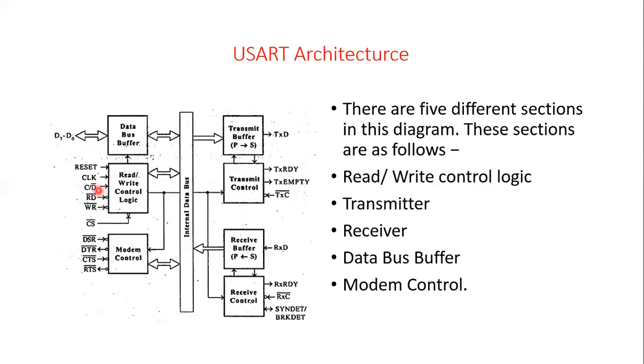When C/D bar is low, read is high and write is low, then the MPU outputs data to the data buffer. When C/D bar is low, read is low and write is high, then the MPU accepts data from the data buffer. Okay. If CS bar is high, whatever may be the input, then the USART is not selected.